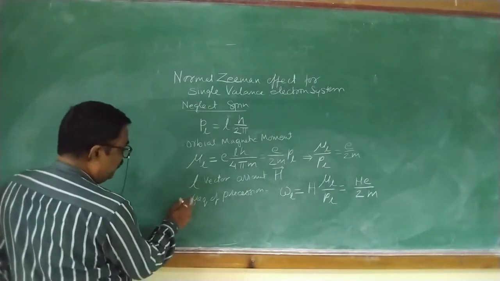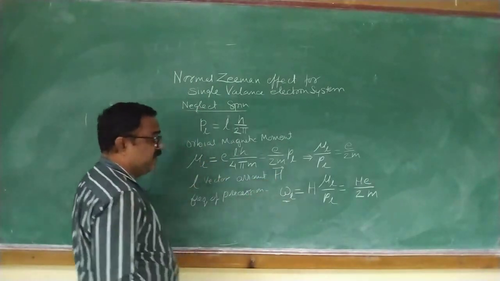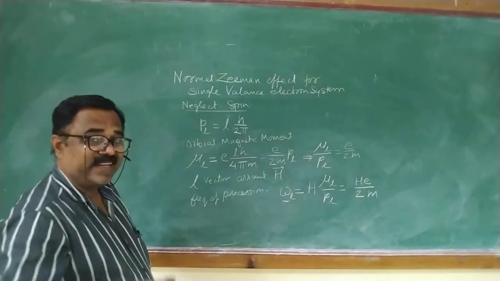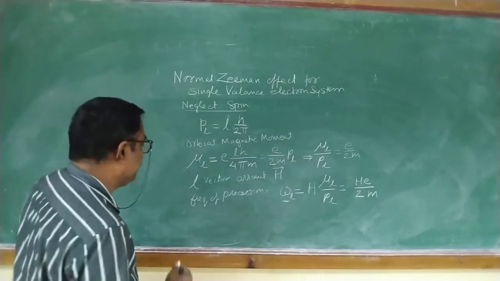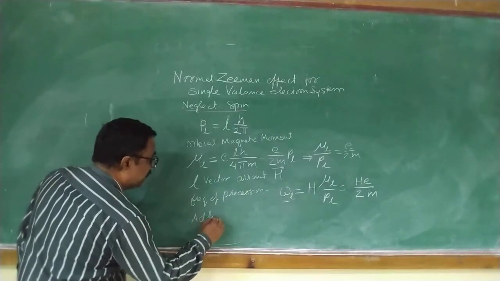Now due to this precession of the L vector around H, the electron gains additional energy.